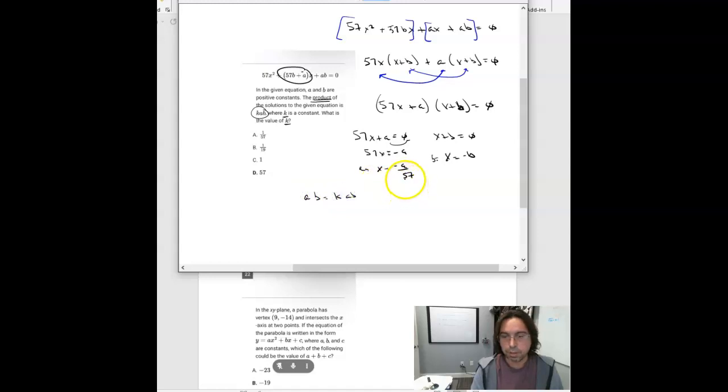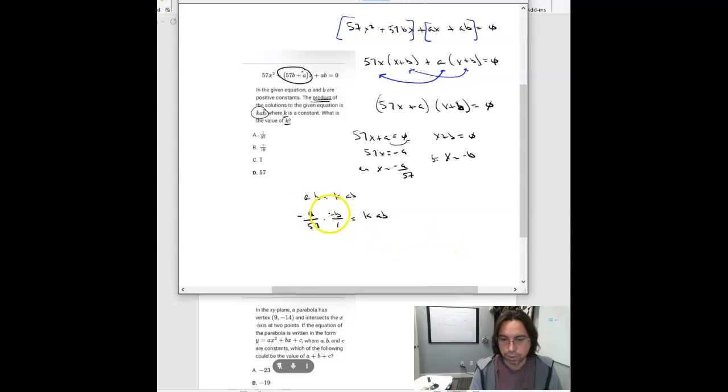Negative a over 57 times negative b over 1 equals kab. Now we multiply the two top terms, which gives me a positive ab over 57 equals kab.